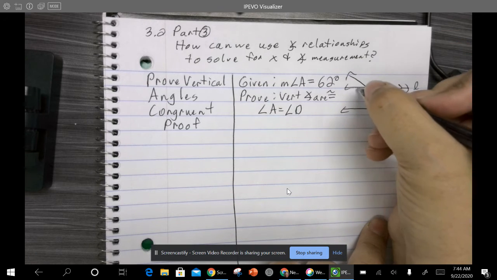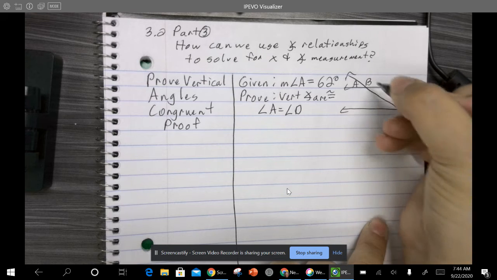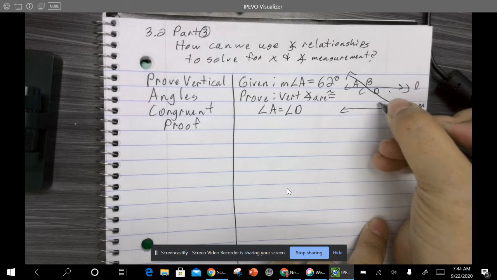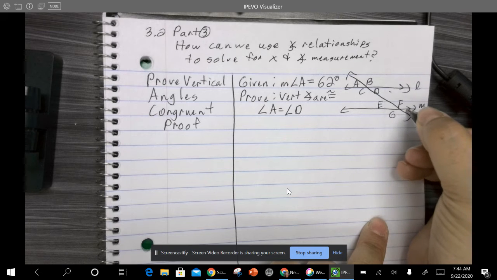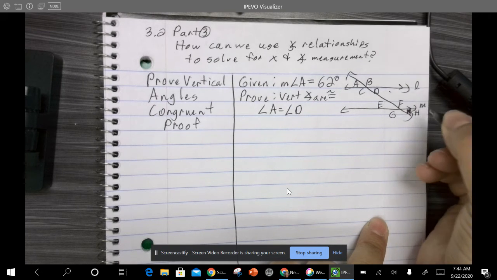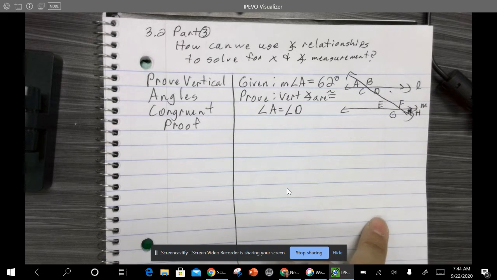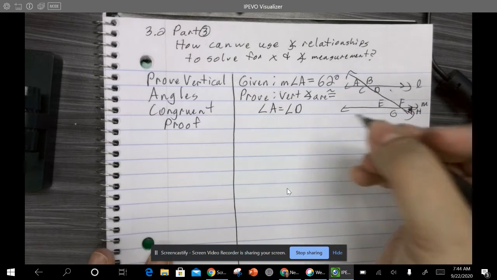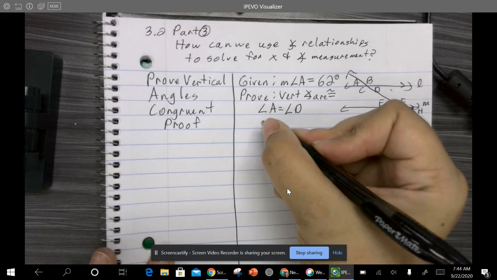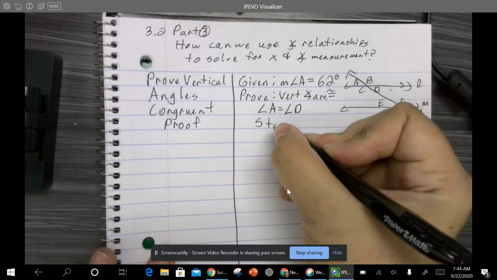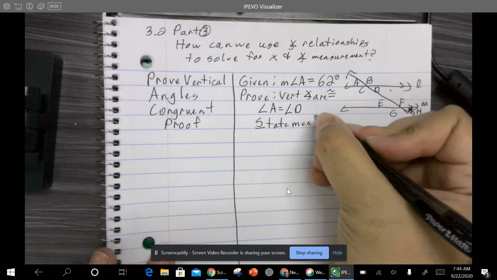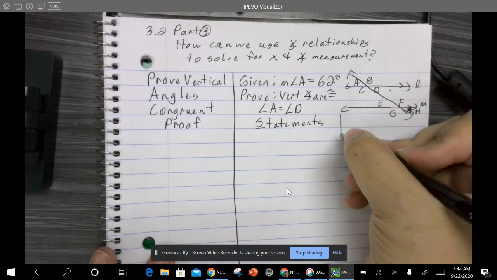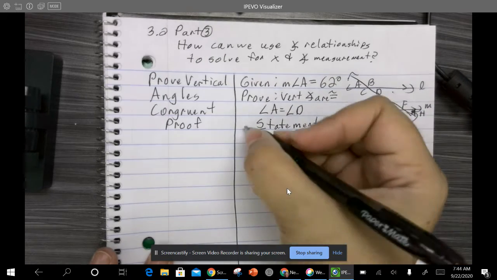Okay, so A, B, C, D, E, F, G, H. It's H. H is right there. Okay, so we are going to do our statements. Remember, everybody, you can just do an S if you want. And our reasons.